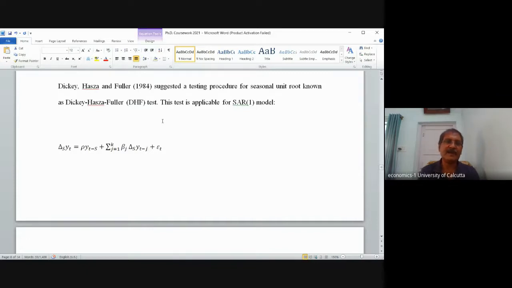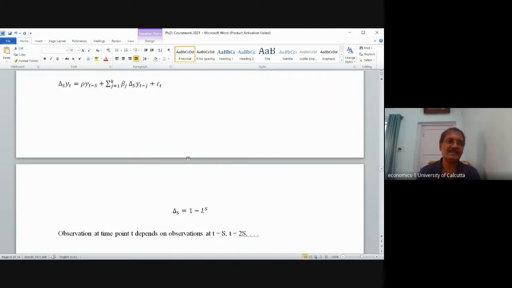K is the optimum lag length to be determined before estimating the model. And how to determine optimum lag length? You know, for annual time series, we have discussed Akaike information criteria, Bayesian information criteria like this. In the seasonal time series, it is suggested that we should follow modified Akaike information criteria, MAIC, to determine the optimum lag length, the value of K.